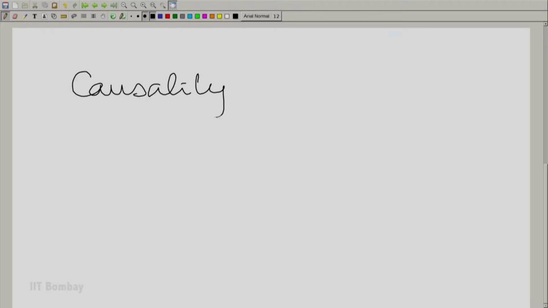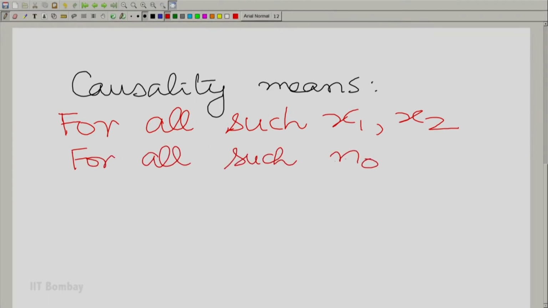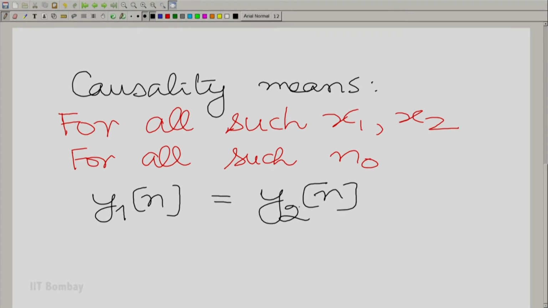So, causality would mean, now I am going to emphasize, for all such x1, x2 and for all such n0, we have y1 of n, the corresponding output sequences y1 and y2. y1 of n is equal to y2 of n for all n less than equal to n0.